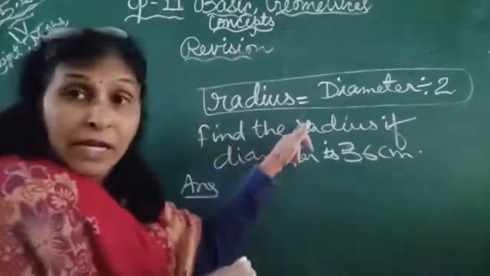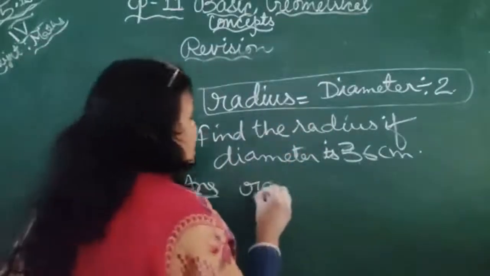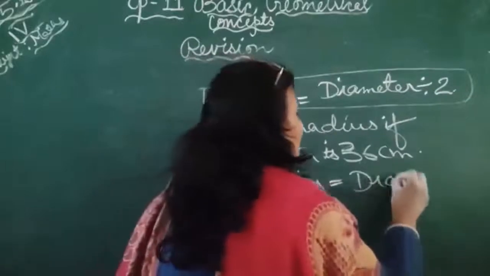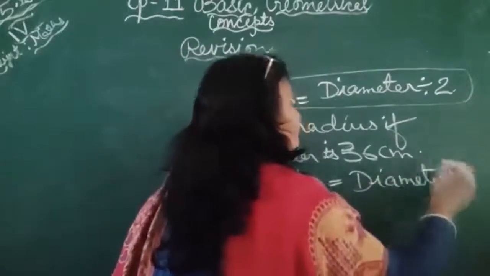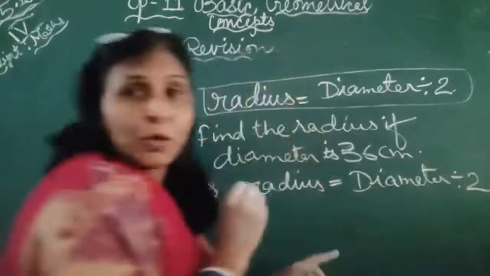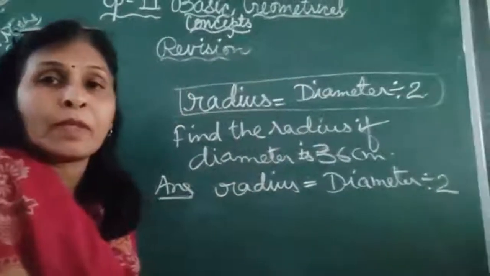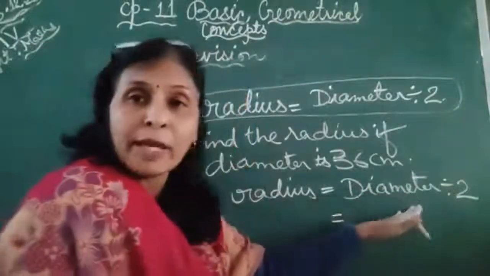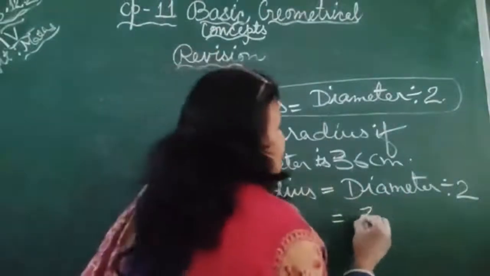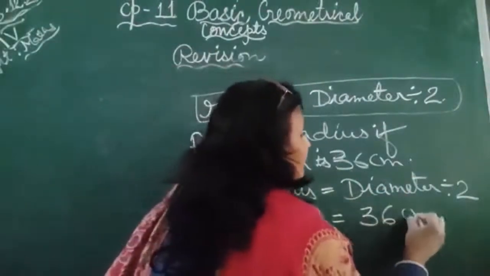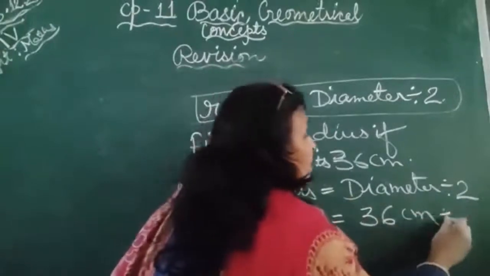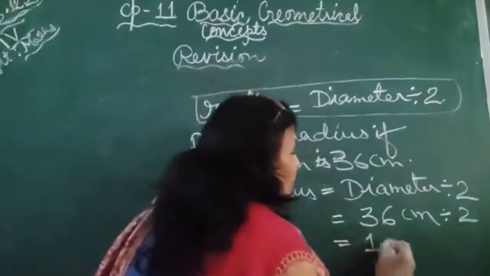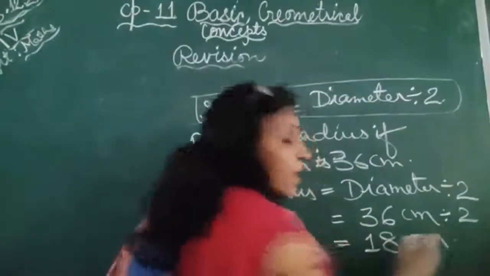First we write this formula, that is radius is equals to diameter divided by 2. Now we substitute the value of diameter here, that is 36 centimeter divided by 2. अब हम 2 से divide करेंगे and we get 18 centimeter.